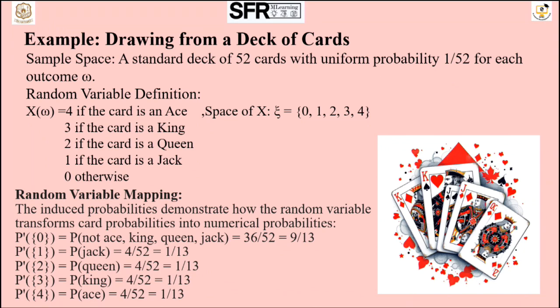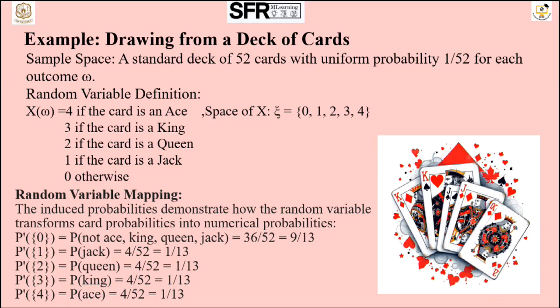I am defining random variable X of omega here: 4 if the card is an ace, 3 if the card is a king, 2 if the card is a queen, 1 if the card is a jack, and 0 otherwise. The sample space of random variable X is 0, 1, 2, 3 and 4.